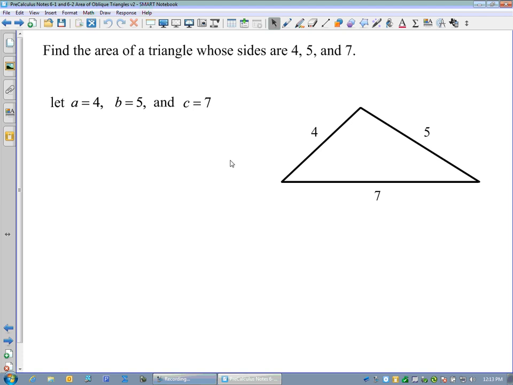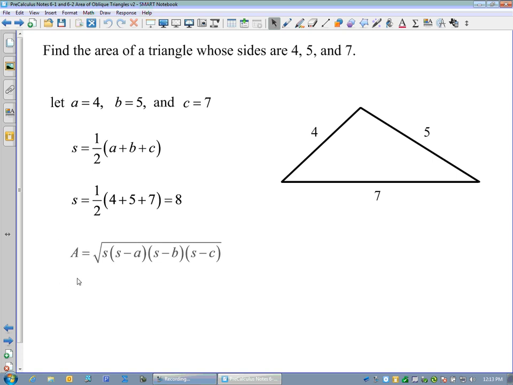So the first step in Heron's formula is to calculate the semi-perimeter, which is half of the three sides added together. So it's 1/2 of 4 plus 5 plus 7, which if you do that, you should get 8. And now we have everything we need to substitute into Heron's formula to find the area. So you're going to see that the area, when we go ahead and put the numbers in, notice how S is 8.